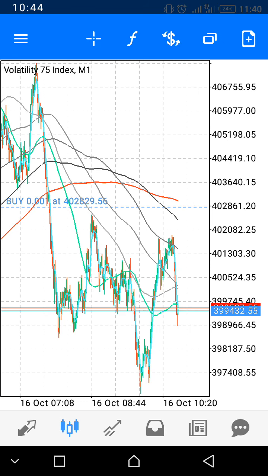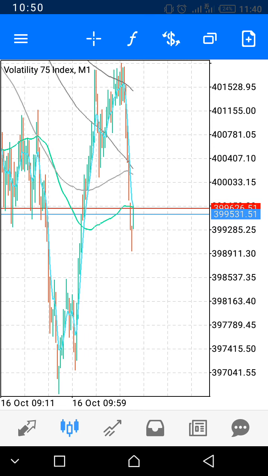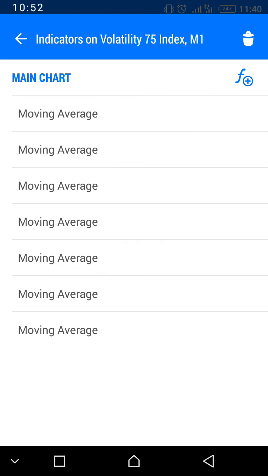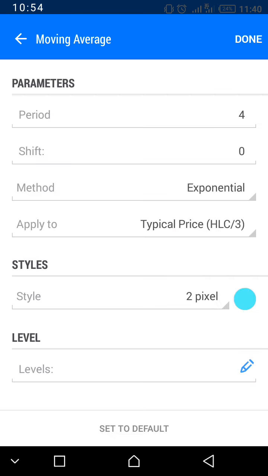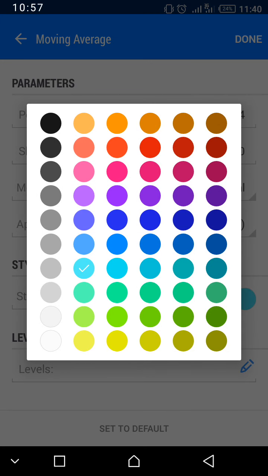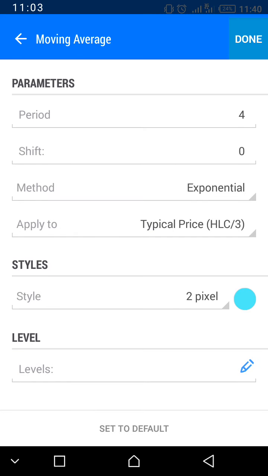Click on done. This is aqua blue. Can you see where it is marked? That's the color. Please note the one that is marked. That's the color. Then done.